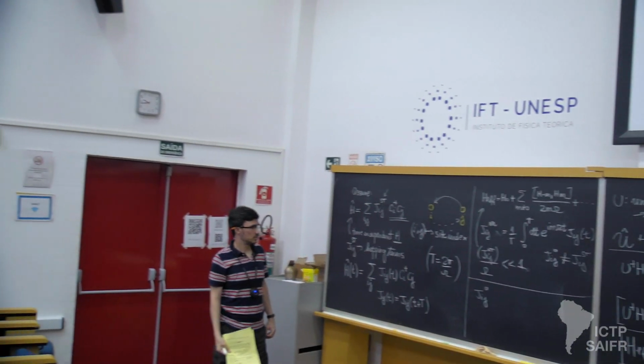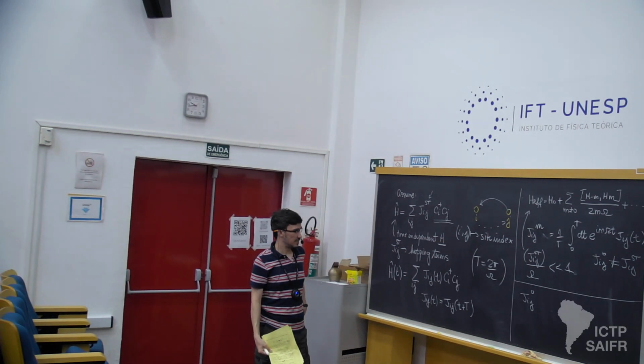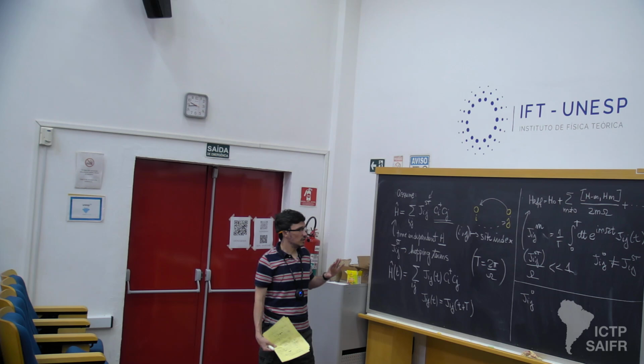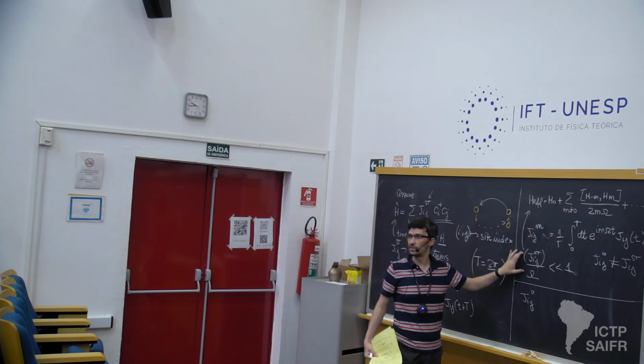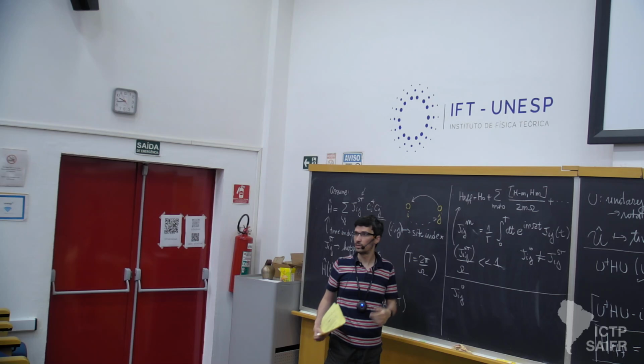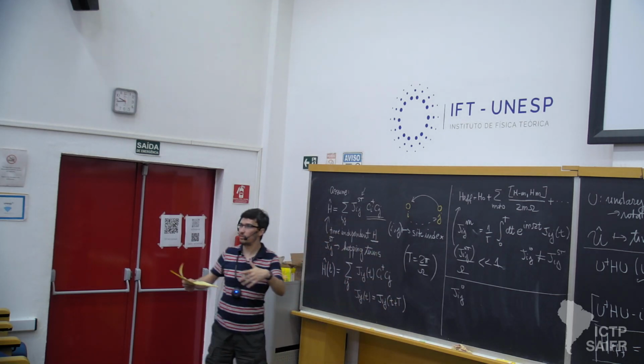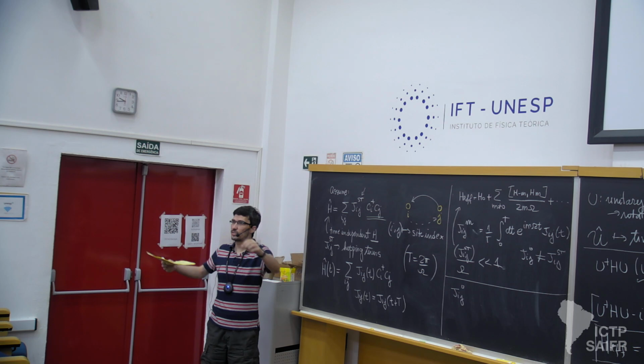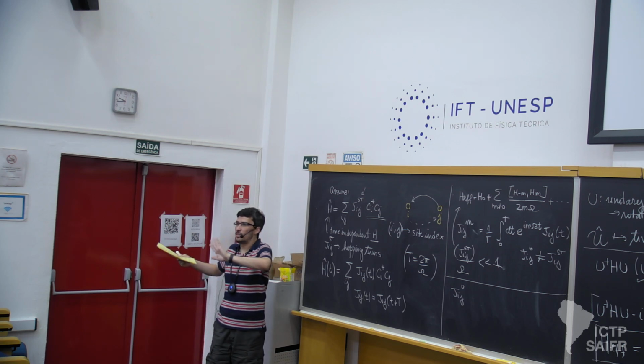Your assumption involves J_ij stationary. Yes, my assumption involves J_ij stationary. This is the assumption that J_ij stationary by omega is much less than 1. It's just a hopping term, the initial hopping term. Let's say that you have a lattice, and the electrons can move around, and this is the time-independent problem, like in regular graphene.